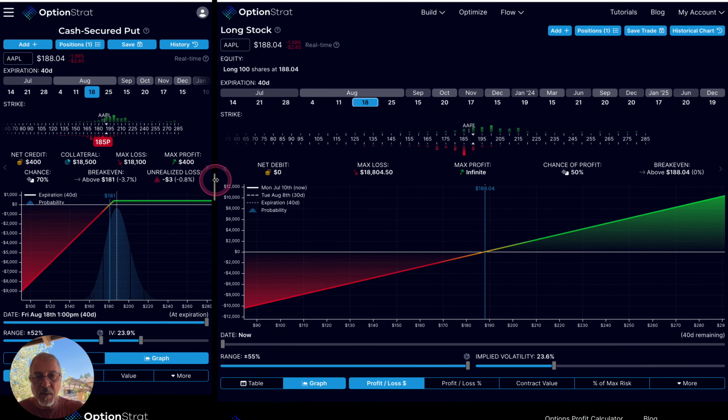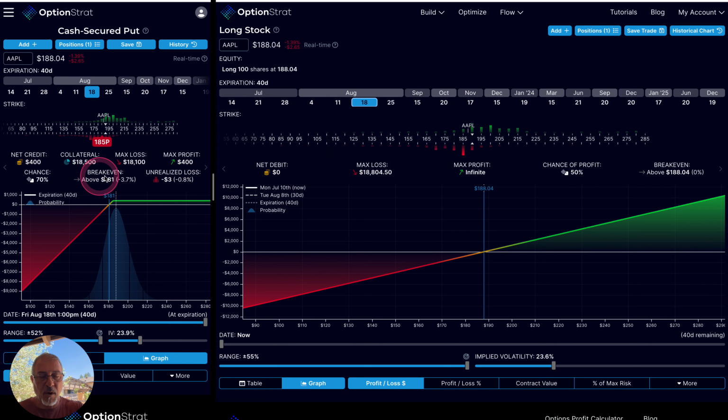I can adjust my screen size here. Well, first of all, look at if we buy 100 shares of Apple stock, we're going to tie up $18,804. That is the price of Apple today, $188.04 per share. And as we all know, when we're dealing with options, an option represents 100 shares of stock.